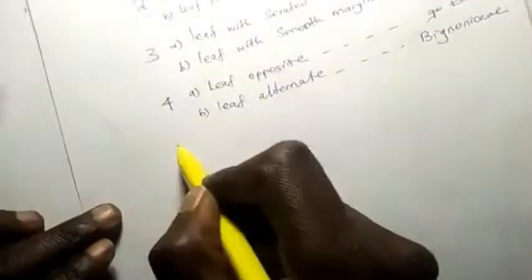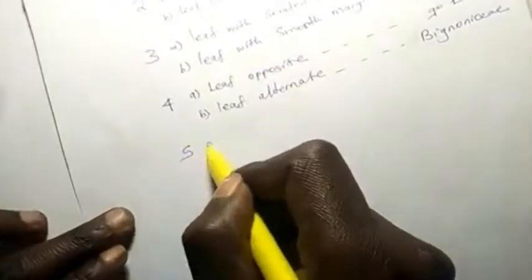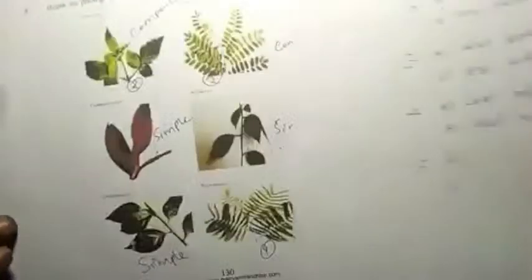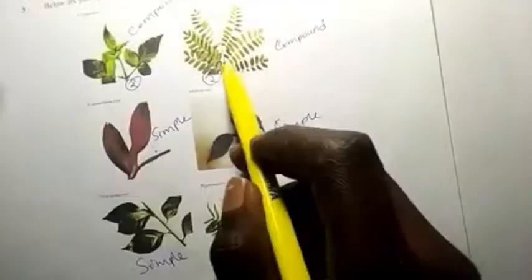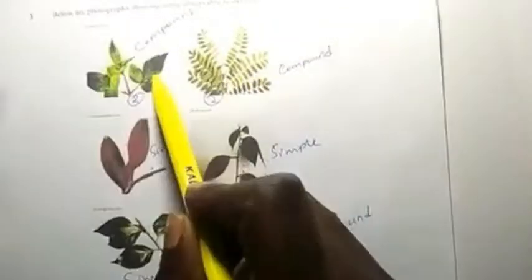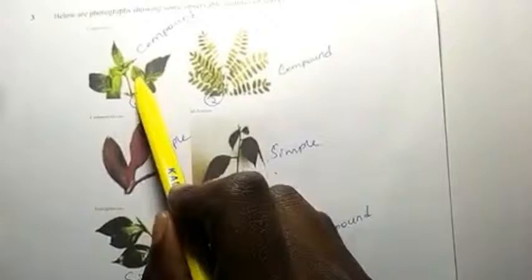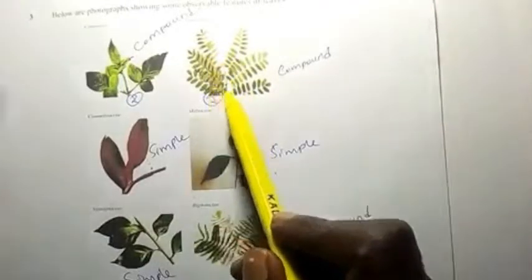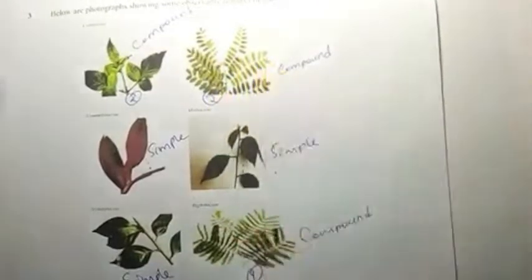Now in 5, say 5A and B. This is simple because they are the only two. Now because there are 3, we'll say leaf trifoliate, and this one there are many, leaf pinnate.